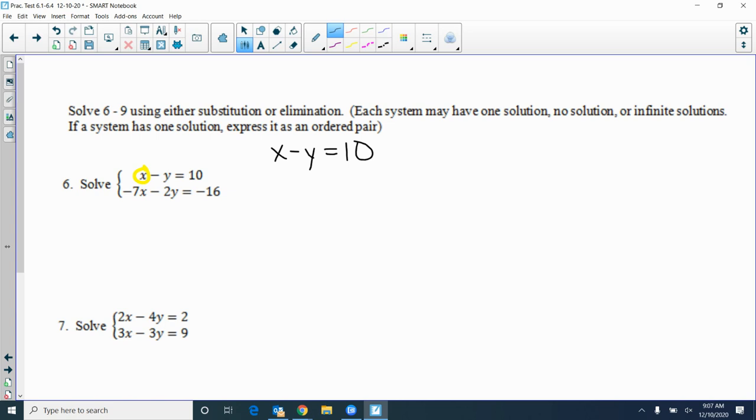I'm just going to add y. So I'm going to write x equals y plus 10. All right, my goal here was to get that x by itself, which it now is. So I've got to take this and sub it in over here. Austin, can you tell me what to write?